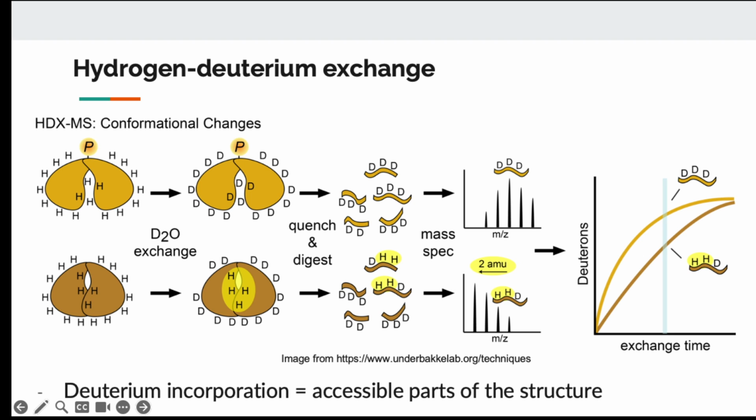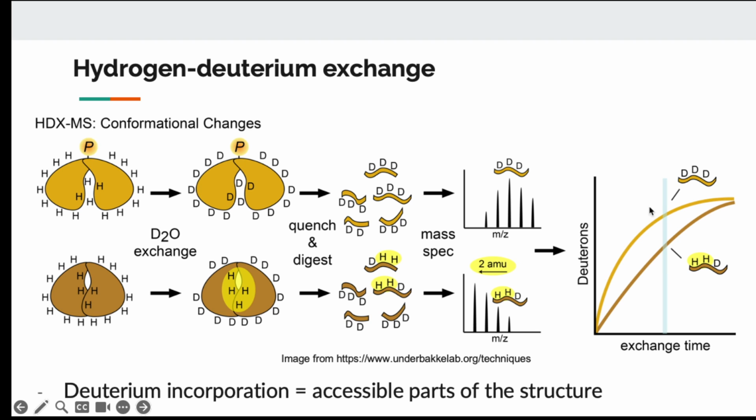So let's say you have a protein, and you know that when it's phosphorylated, there will be a change in structure. Maybe the enzymatic domain will open up to find the substrate. And you want to understand which part of the protein opens up to recognize the substrate.